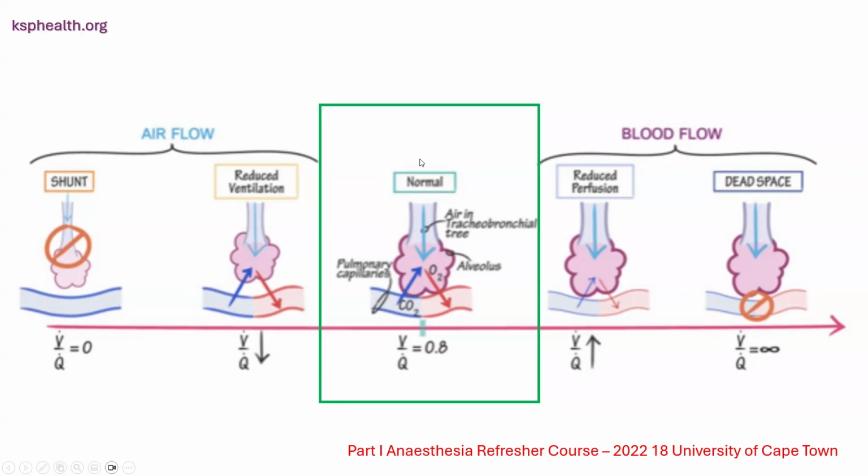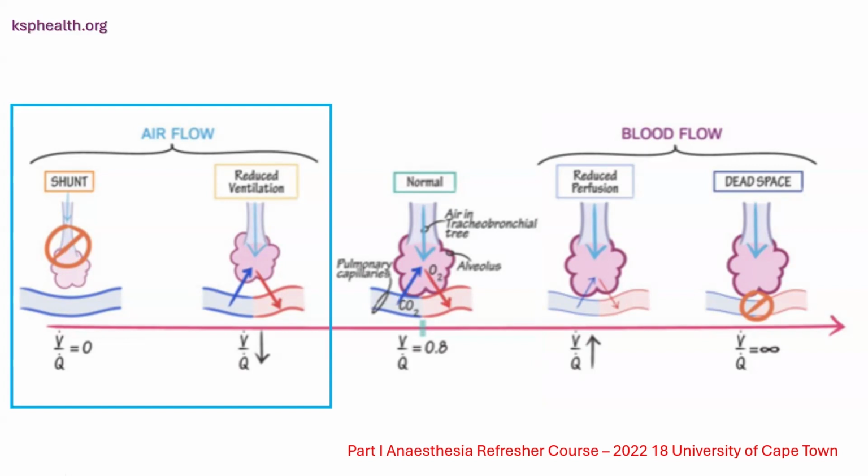That is the normal work of alveoli and capillary interaction. When the airflow is obstructed, as in this case, the deoxygenated blood never gets oxygenated. This is called shunt. That means the blood is shunting past the ventilation. The deoxygenated blood never gets oxygenated and goes back to the heart.